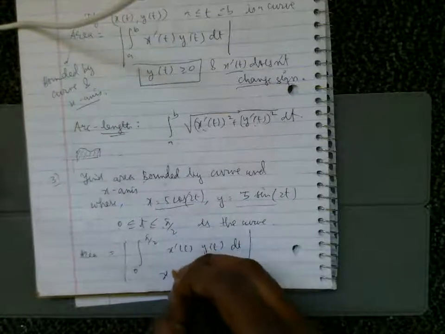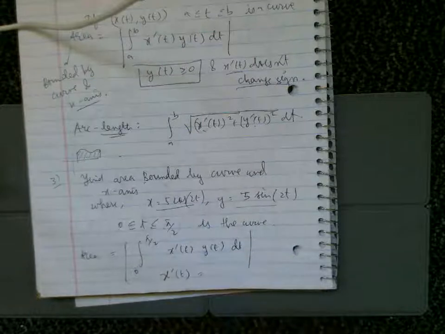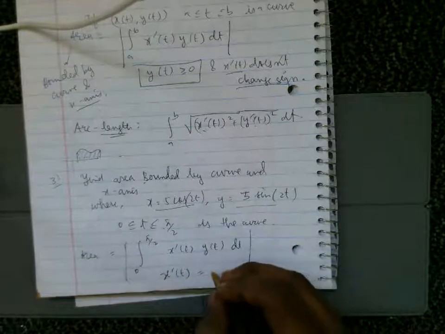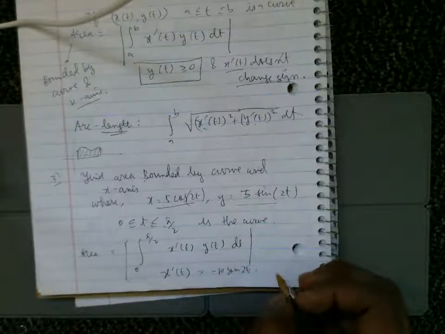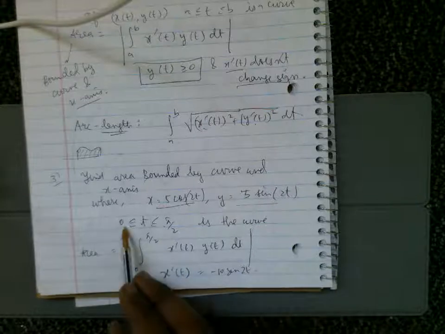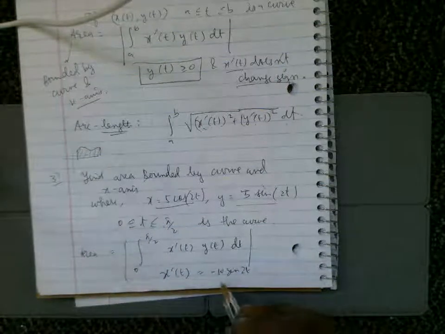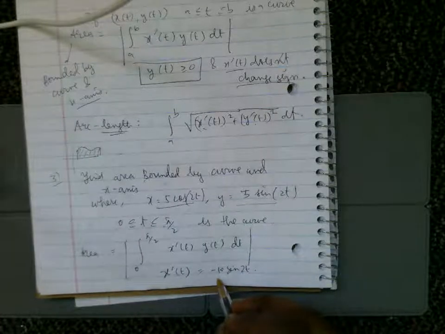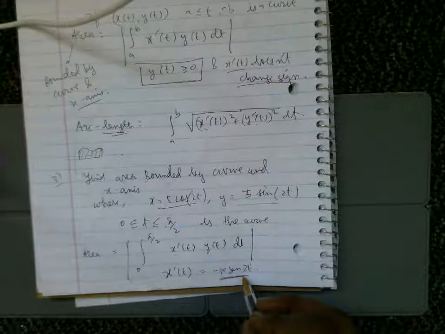So x prime of t is minus 10 sine 2t, and t lies between 0 to pi by 2, which means 2t lies between 0 to pi.